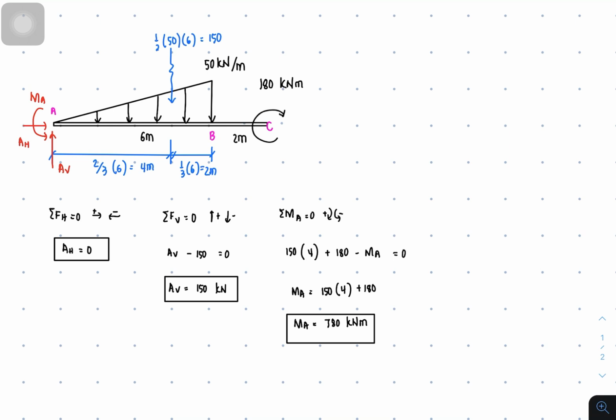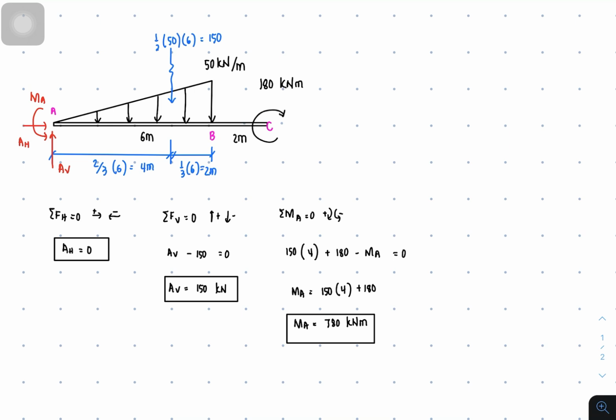It would complicate your solution. But actually, you can get the summation of moments anywhere as long as it's convenient to you.